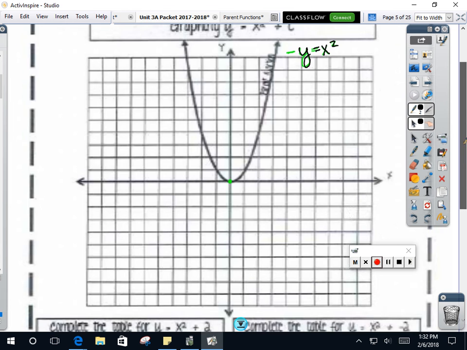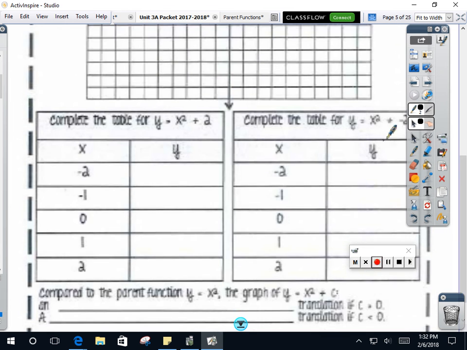Okay, starting with this one, y equals x squared plus 2. First, let's fill in the y values by plugging in the given x value, so go ahead and do that. When you plugged in a negative 2, squared it, and then added 2, what did you get? Okay, that's correct. What about a negative 1? I got 3.